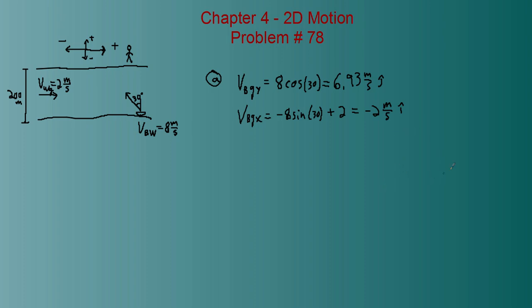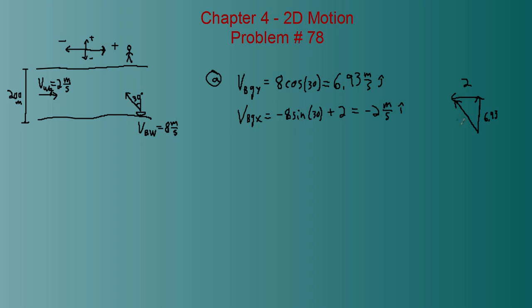So it looks like we got, whoa. The y velocity is 6.93, and the x velocity is 2. I'll just eliminate the negative because of our diagram. We know it's evident.